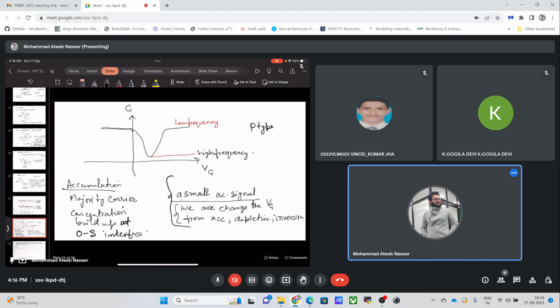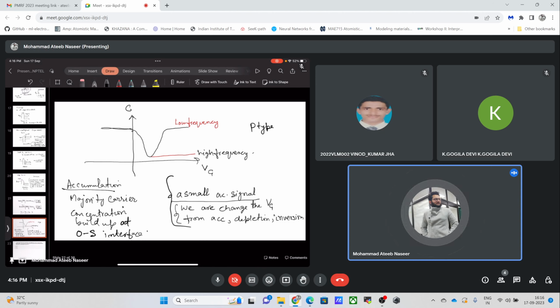So this simply makes our structure a simple parallel plate capacitor. Under accumulation, the majority carrier concentration build up is very fast, and as a result we have a simple parallel plate capacitor in the accumulation region.